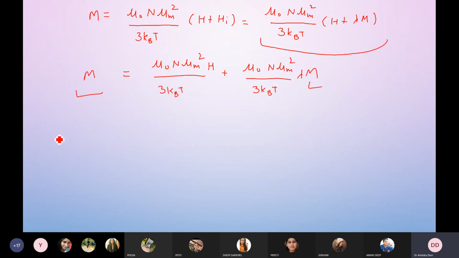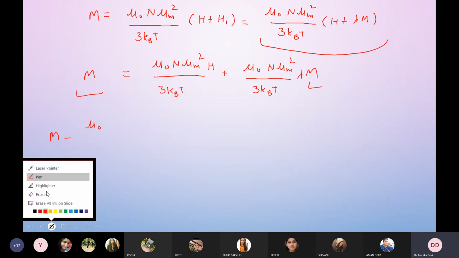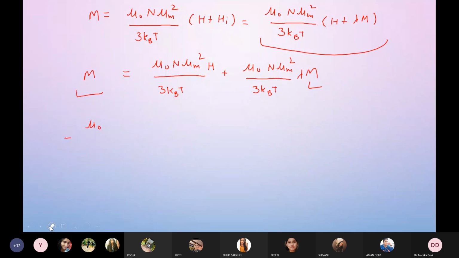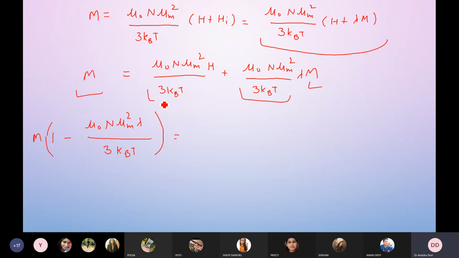So we can take M outside as common, and then inside you will get 1 minus this term, mu naught N mu M square lambda divided by 3 kB T, is equal to this term, which is mu naught N mu M square H divided by 3 kB T.